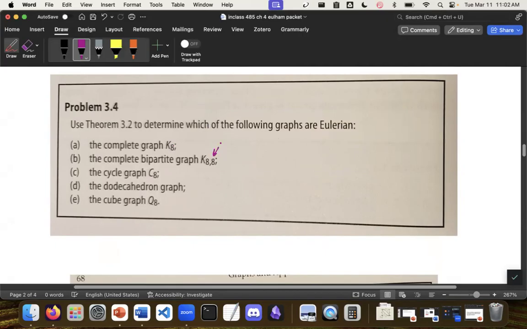This is the complete bipartite graph, where we have 1, 2, 3, 4, 5, 6, 7, 8, and all the edges possible are drawn between the two, but not inside each of the sets. Okay, ignore E. But at least let's try C and A to just verify that.